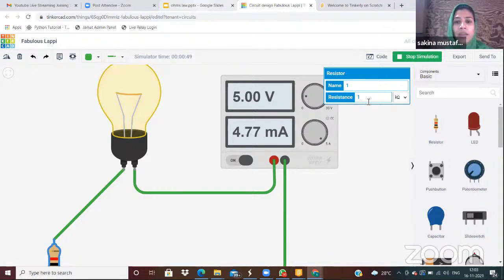If I apply 1K, you can see the current changes to 4.7 milliamperes. If I change to 2K, it decreases again to 2.4 milliamperes. What is the use of resistance, what are the relationships, and how Ohm's law works, we're going to discuss in this webinar.